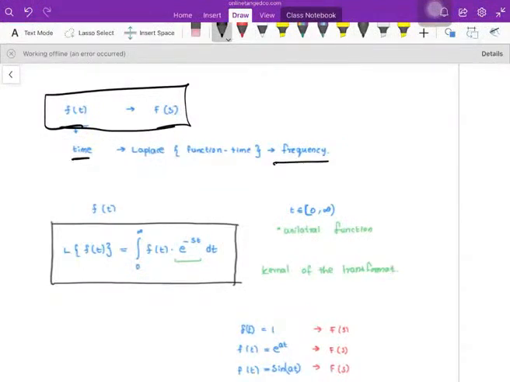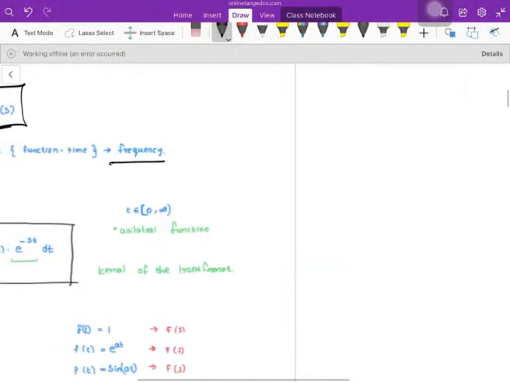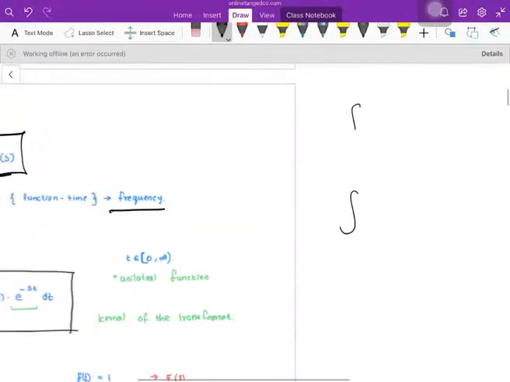So the Laplace transform of a particular function f of t is the integral from 0 to infinity of f of t times e power minus st dt. If you see, this integral is an improper integral.